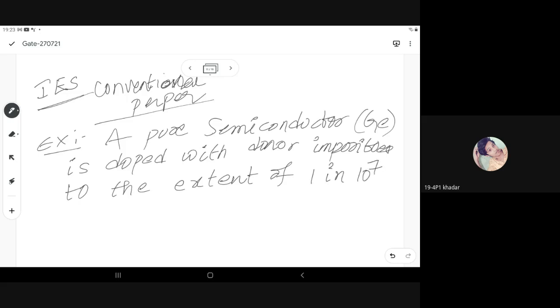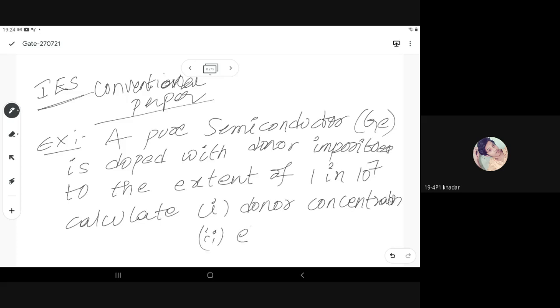Calculate: first, the donor concentration; second, the electrons and holes concentration.